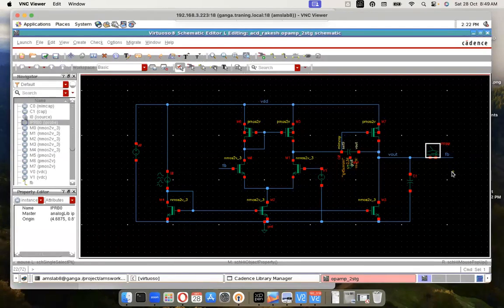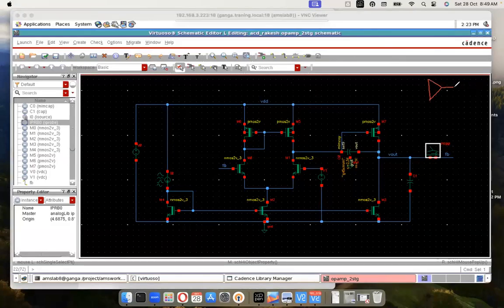Okay, now if you look at any system, any AC system or any loop, you have to ideally calculate the loop response or the AC response. How do you do that? Typically you break the loop somehow. This is your V out.